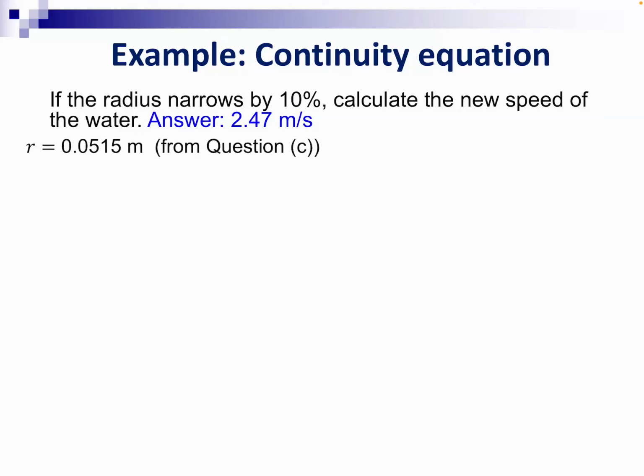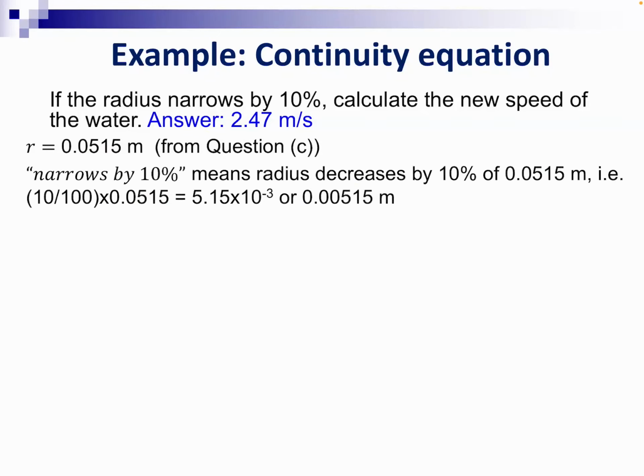Right, so we know the radius. The radius we solved from the previous question, r. It's this radius that narrows by 10%. Narrows by 10% means that the radius you've calculated decreases by 10%. So it's 10% of the radius that you've calculated.